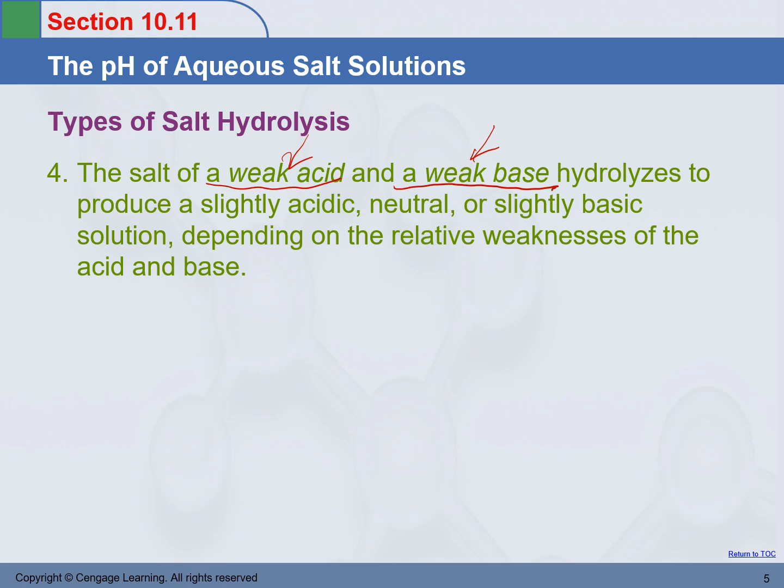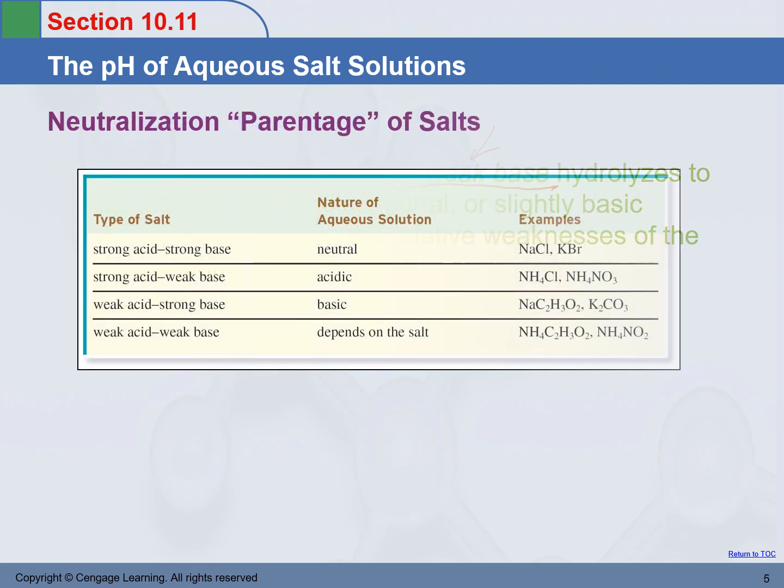We need to know which one is even weaker in terms of acidity or basicity. Therefore, I said it's good news because if we need more information, it cannot be decided. It will not be tested. All right, some more examples here.